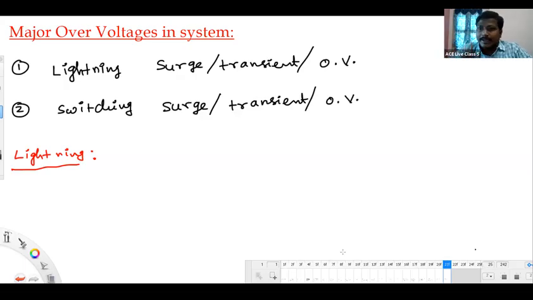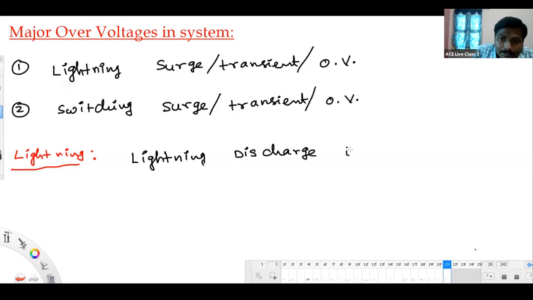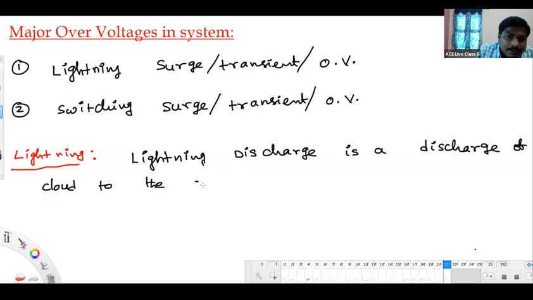So, in a simple point, lightning discharge is a discharge of cloud to the conducting body on the ground.